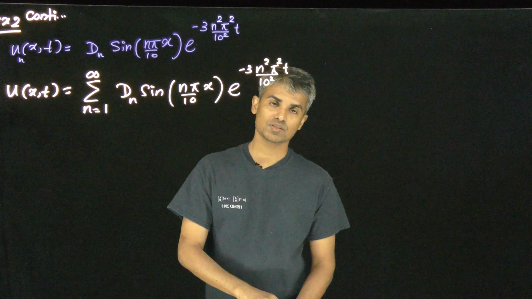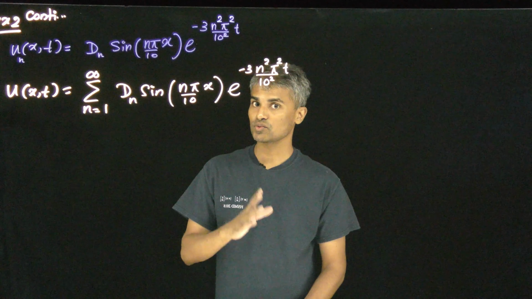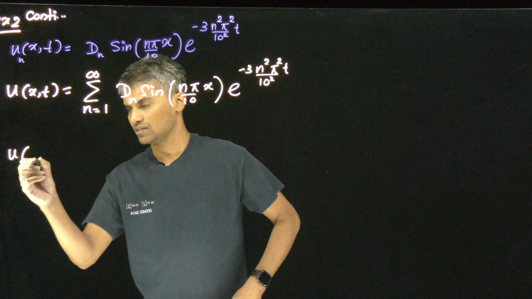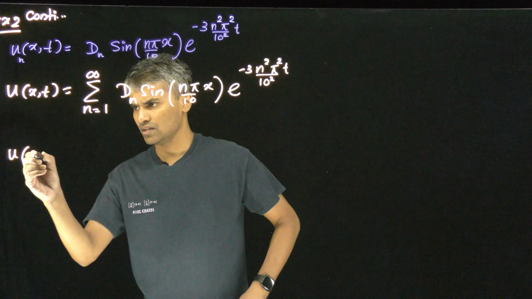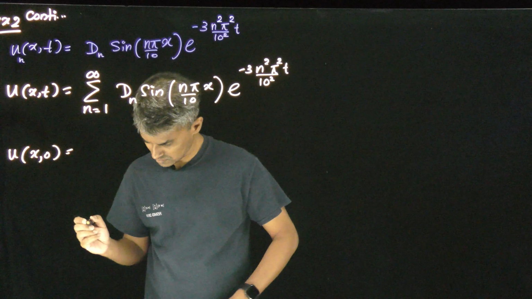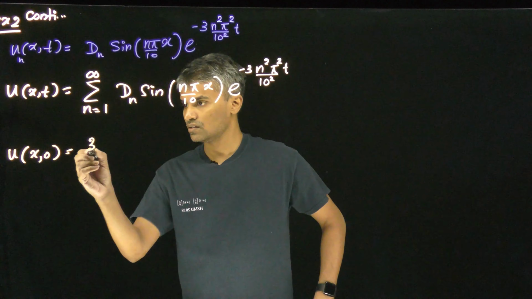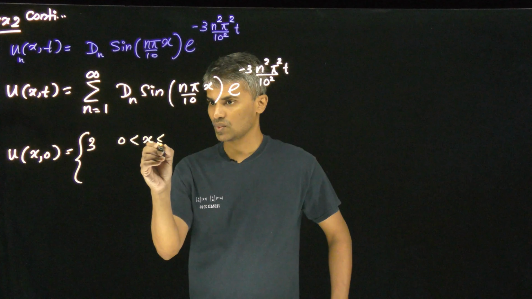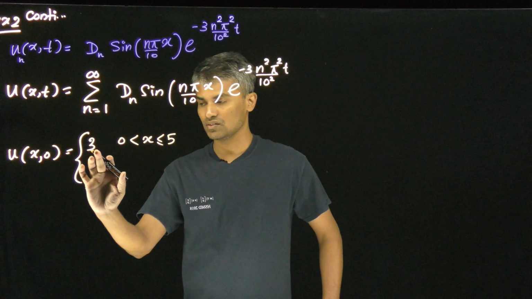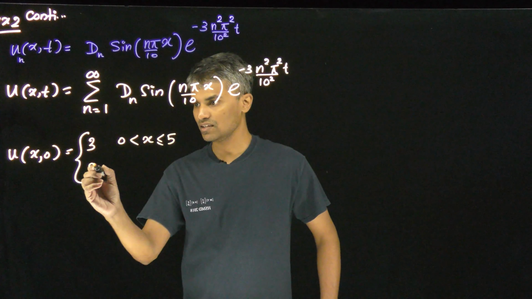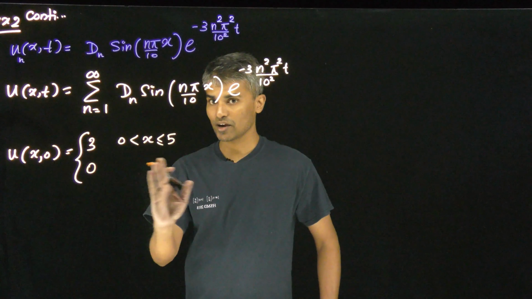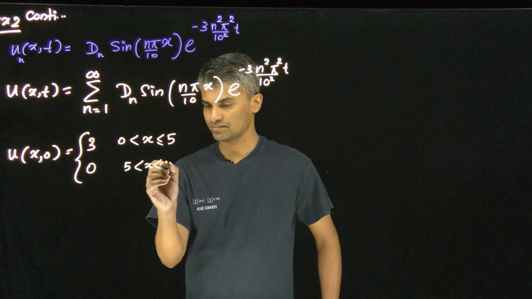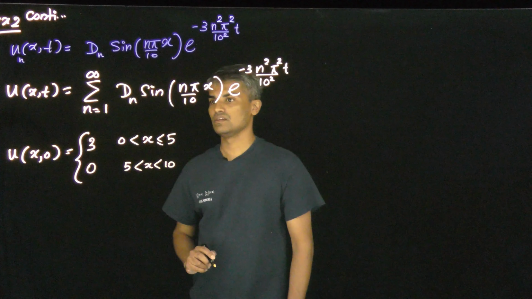At the moment we have used both boundary conditions, but we did not use the initial condition, and the initial condition says u of x comma 0 equals, it's a piecewise defined function: from 0 to 5 your initial temperature value equals 3, and from 5 to 10 it equals 0.